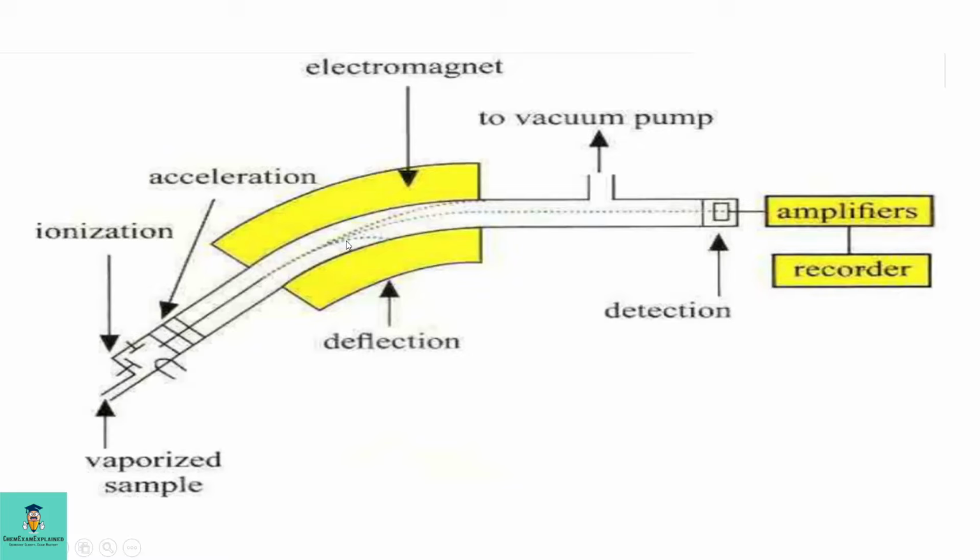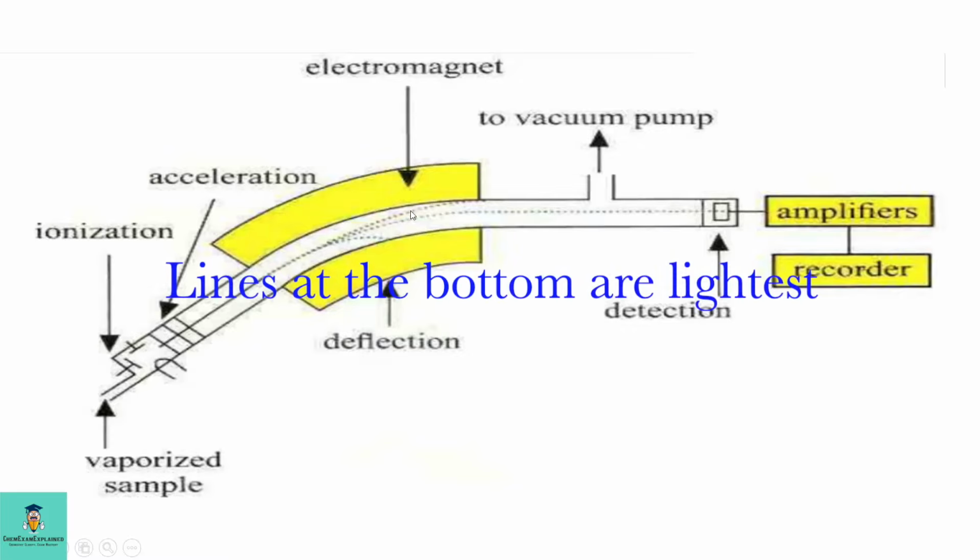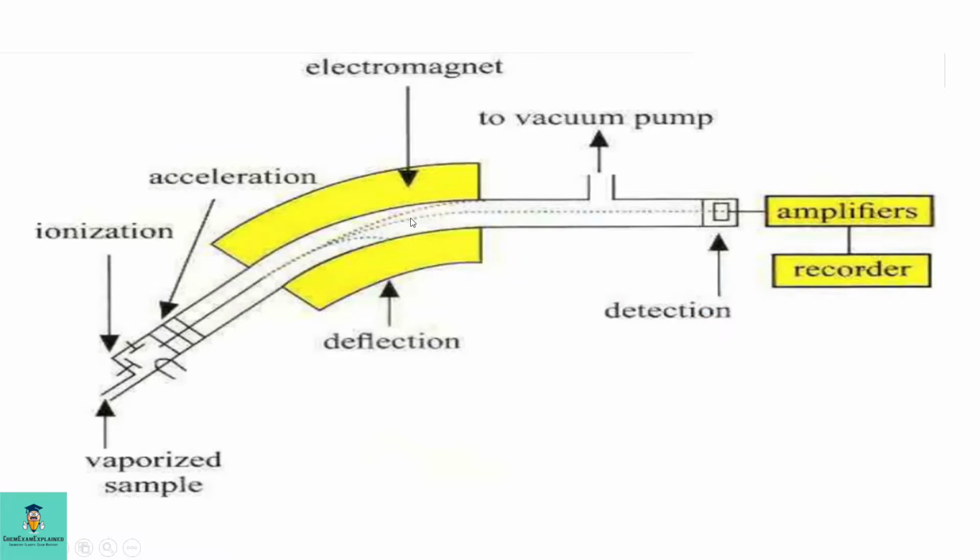They will then enter the electromagnetic chamber, where they will separate based on their mass to charge ratio. The lighter ions will be more deflected than the heavier ones. They will then hit the detection plate, where it will be amplified and recorded as lines.